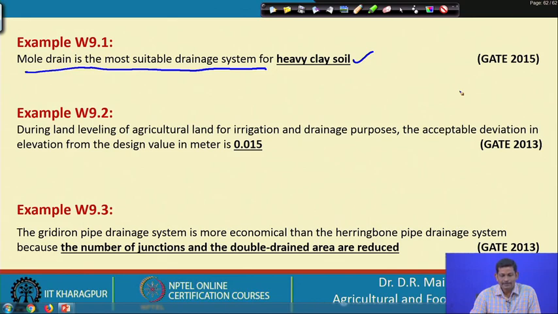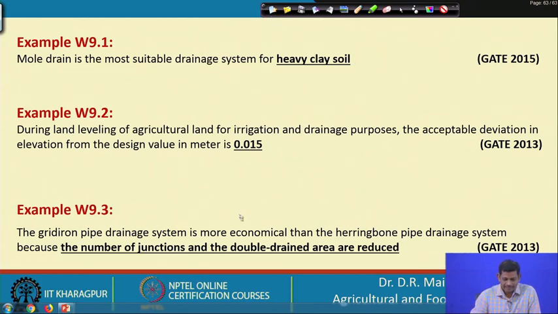It consists of a bullet-like tool which goes inside, and the bullet makes a round hole, and this is the shaft. The opening made this way will not collapse because of the clay soil, and you can easily install the pipes here. That is the specialty of this mole drain.